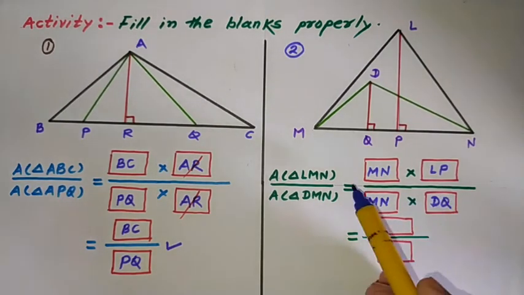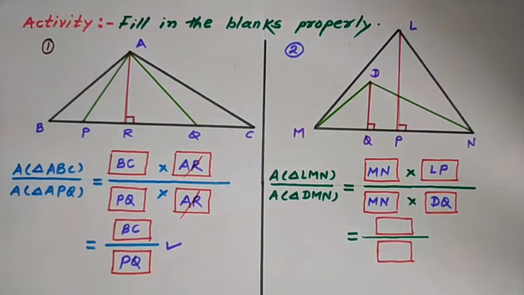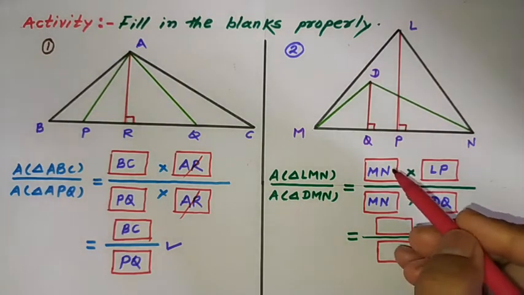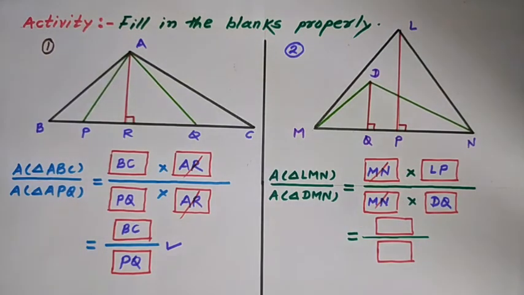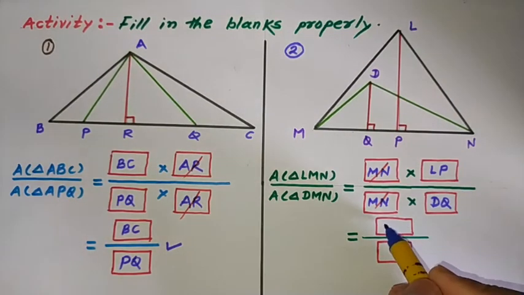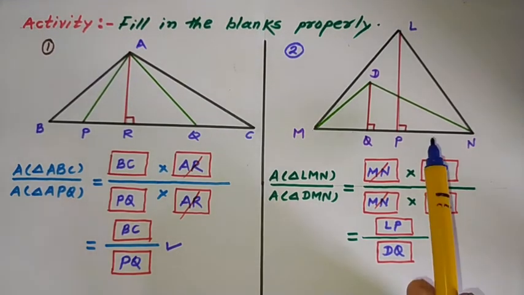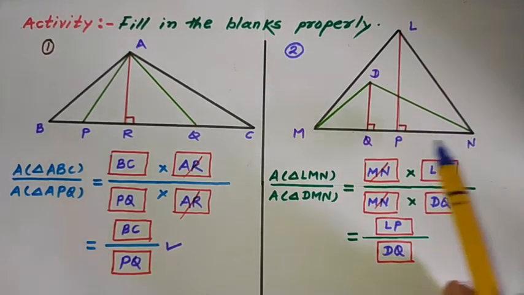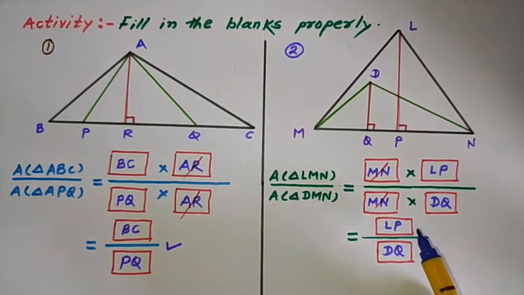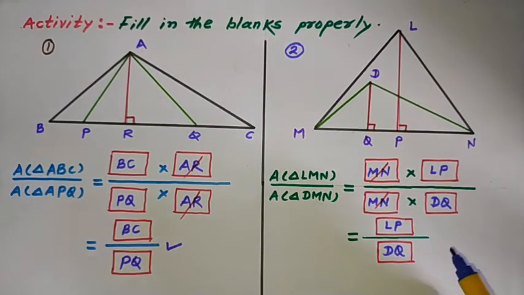In this ratio, the base MN is common. Remaining are the height of the first triangle and the height of the second triangle. Areas of triangles with equal bases are in proportion to their heights. Here MN and MN are equal bases, and LP and DQ are the heights.